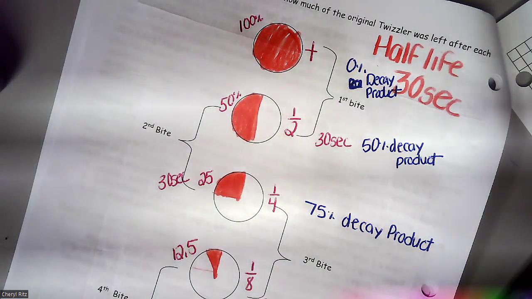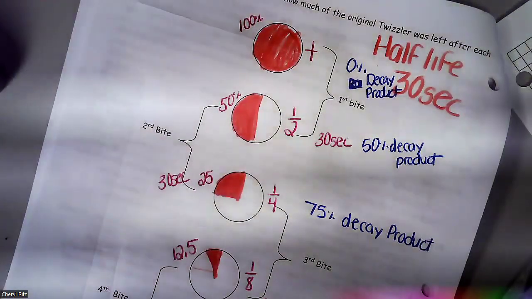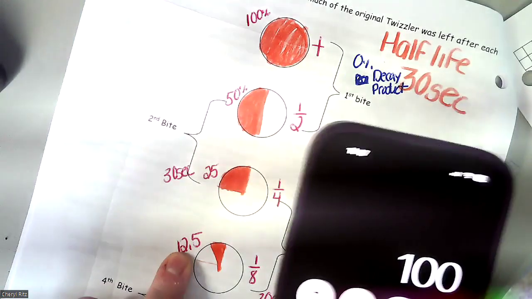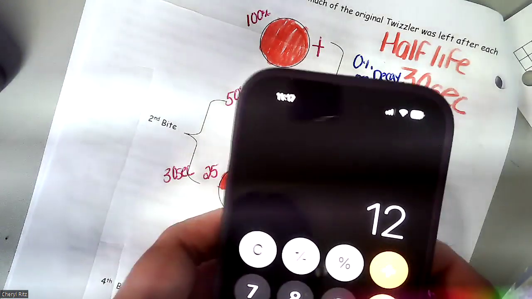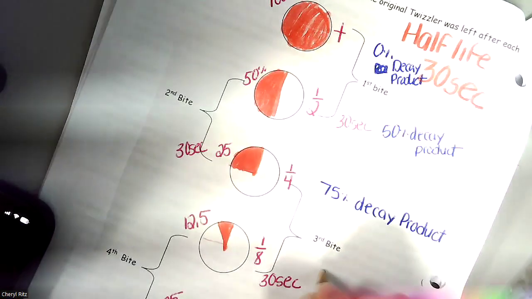How many of you can figure out the next one in your head? Because I struggled. It is 87.5, but in case you want to figure it out, you take 100 minus whatever's there, so 12.5 gives you that 87.5%.